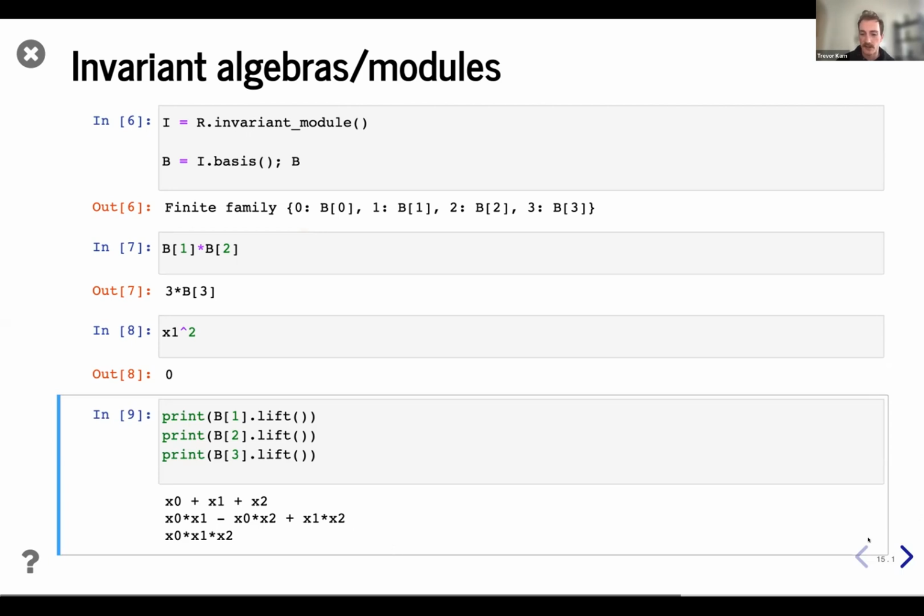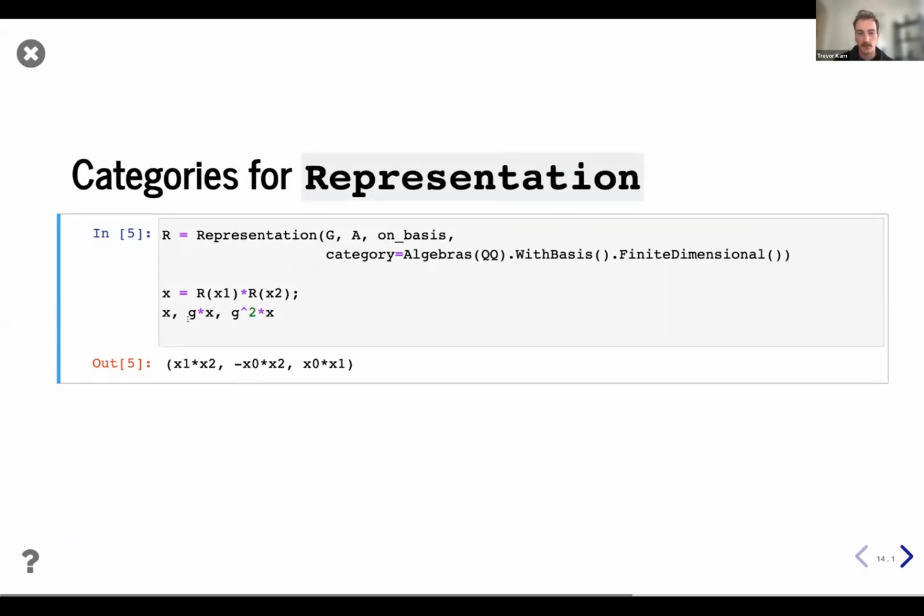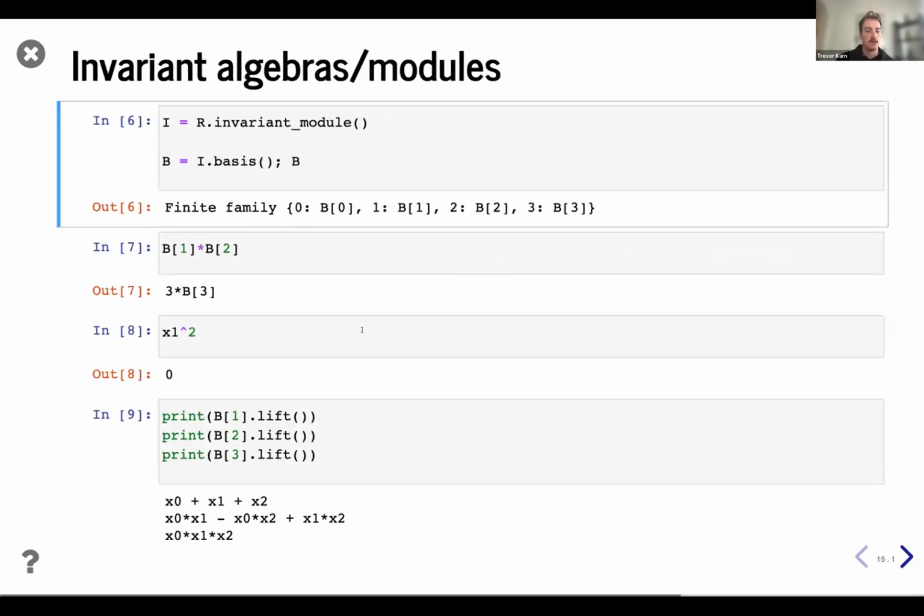On the previous slide, that was the sum over the whole group, the sum over the orbit of x here. Okay, and then B3, which we didn't see before, is just x0, x1, x2. You might be worried that if I cyclically permute things, something goes weird with the signs, but I promise it doesn't. It is an element of the invariant algebra there.